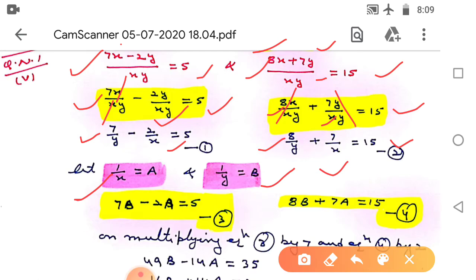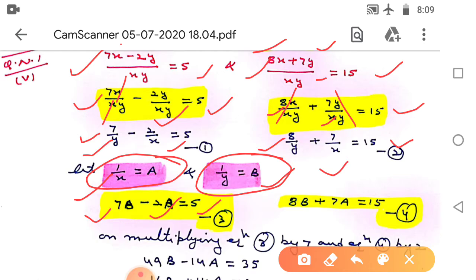So we assume that 1 upon x is equal to a and 1 upon y is equal to b. Okay. Now here 7 upon y becomes 7b minus 2a is equal to 5, and in this case 8b plus 7a is equal to 15.